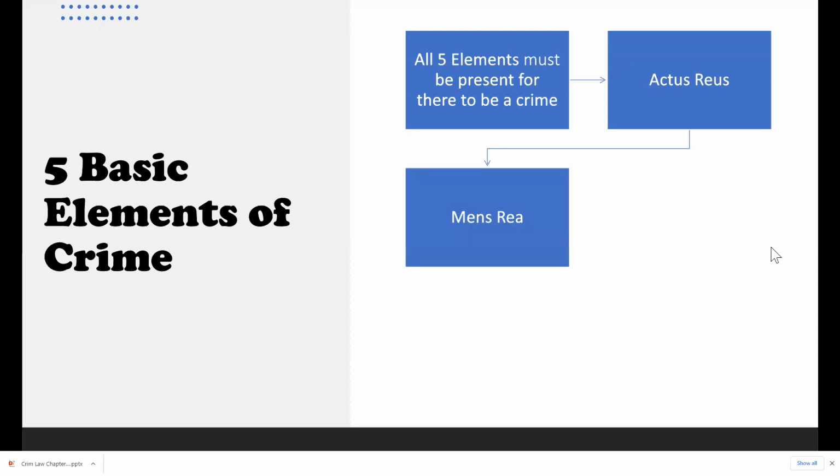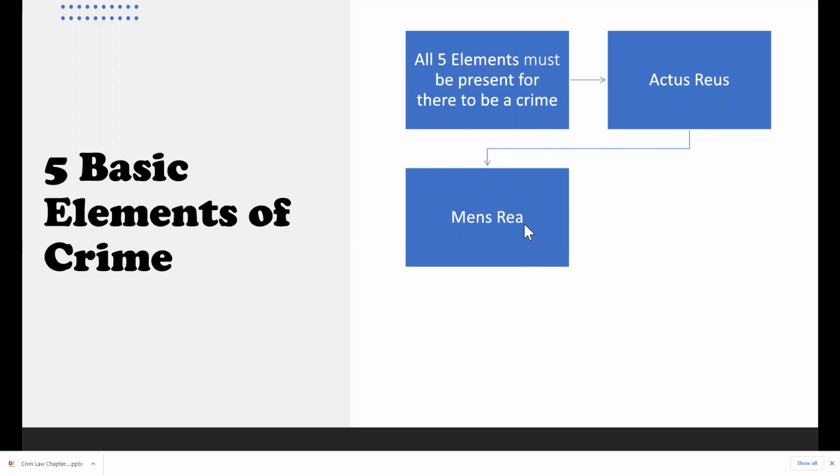And then we have the second element, and this is for every crime. The second element is the mens rea. Now, the actus reus and the mens rea are what we're going to spend a considerable amount of time on in this class for the semester, because each crime is going to have a different actus reus and a different mens rea.